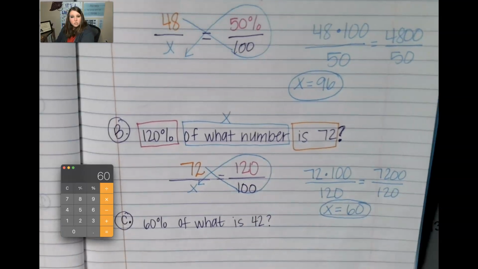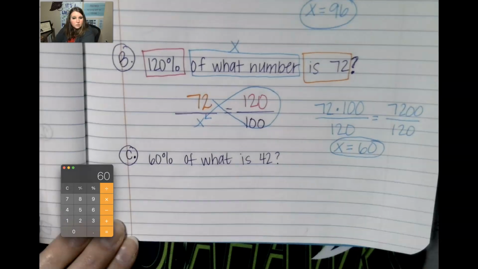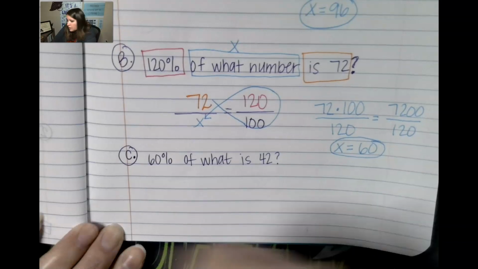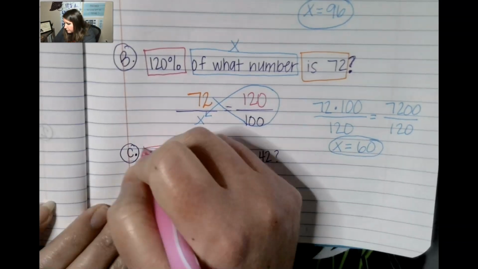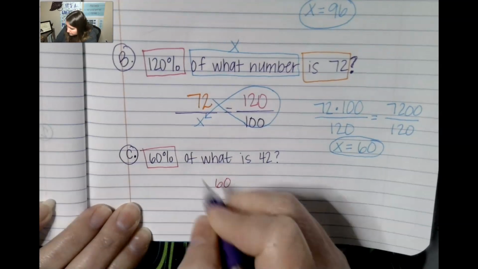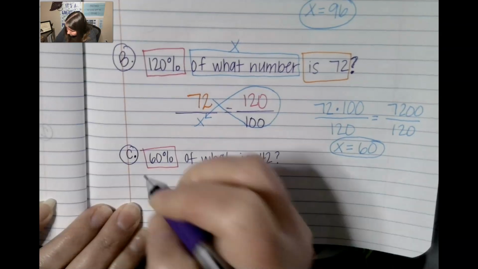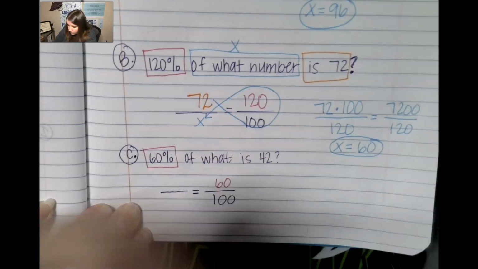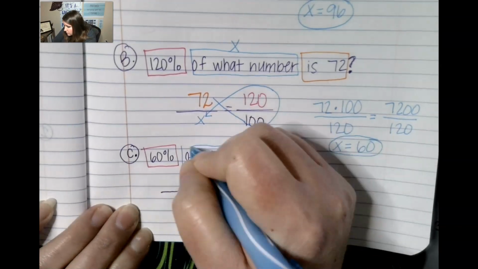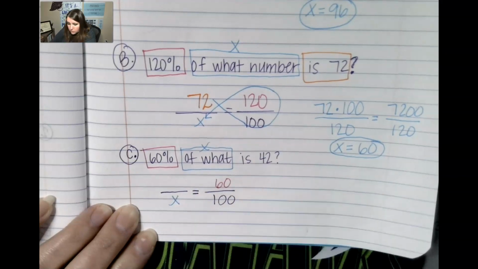All right, so our job is to box up the problem so that we can solve it. Let's get rid of this calculator here. All right, so first of all, 60%. I'm going to put the 60 over 100. We don't know what the of is this time around, so the of is X. Is 42.